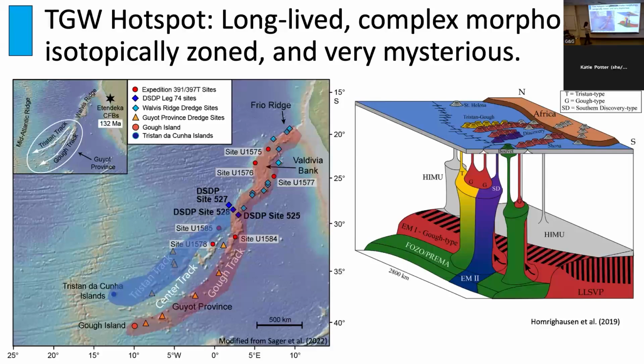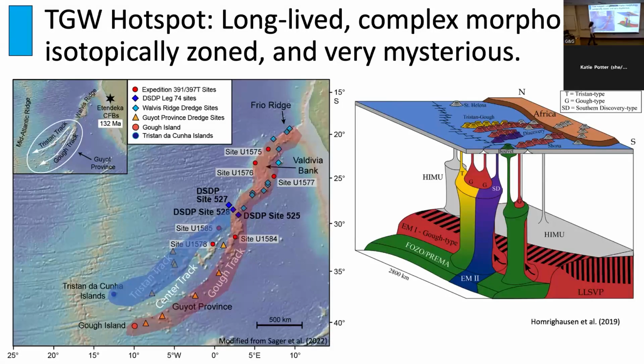The other mysterious thing is found in the center track. We don't actually have a drill core record of center track magnetism or geochemistry before Expedition 391, but the dredge samples that were obtained by previous expeditions indicate that this center track has a unique composition as well.